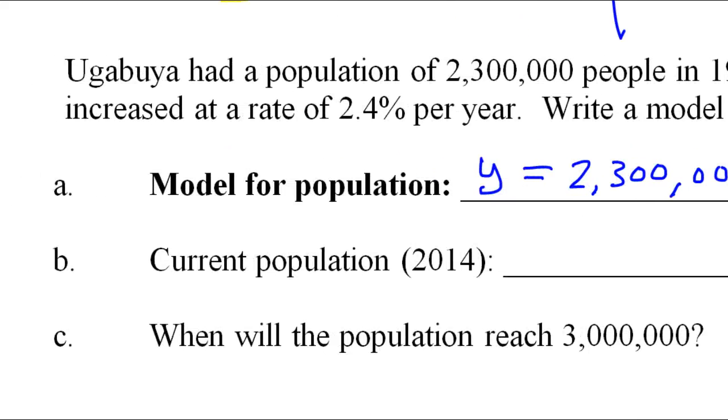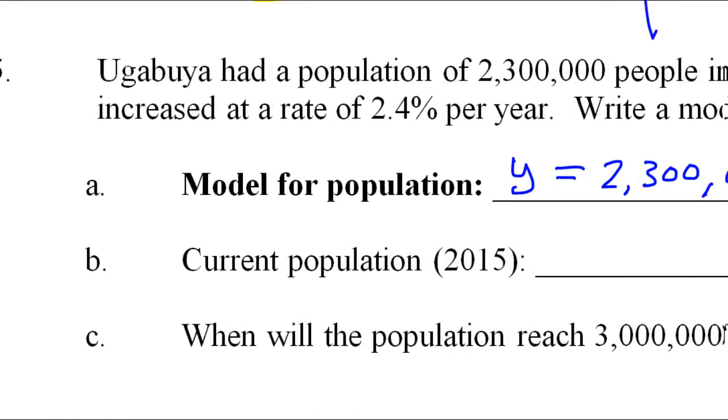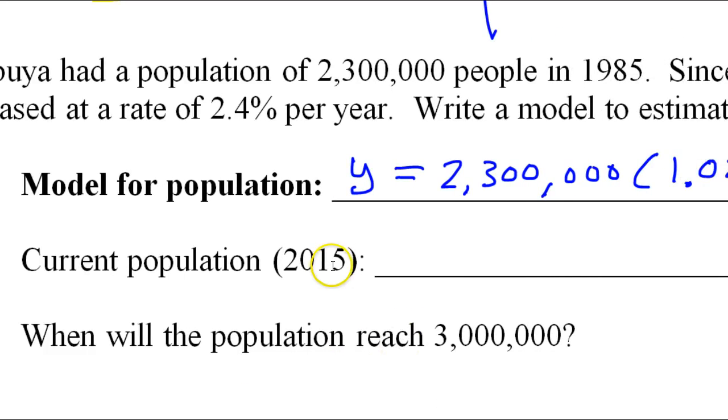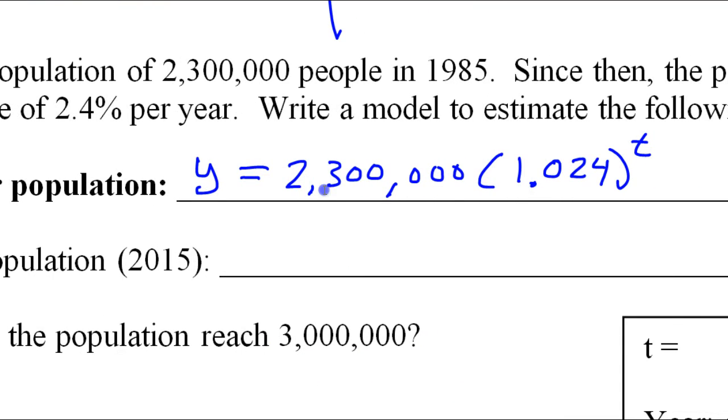Alright, now for part B, find the current population. Now here it says 2014. Should probably change this because now it's 2015. So as we estimate the population in 2015, remember this original population of 2,300,000 was from 1985.